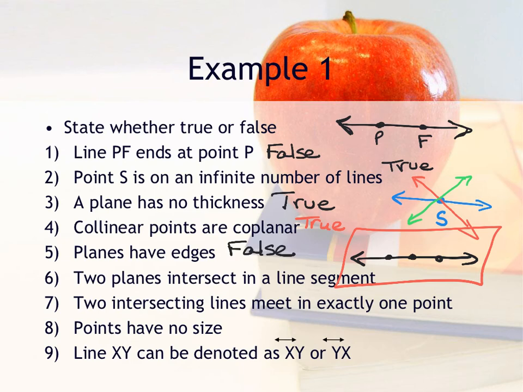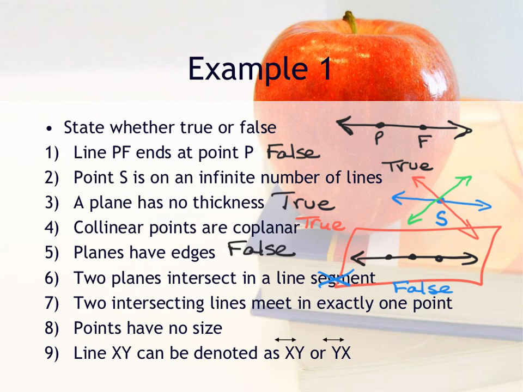Two planes intersect at a line segment. This one's false. If it said two planes intersect at a line, then it would be true. Because remember, planes do not end.